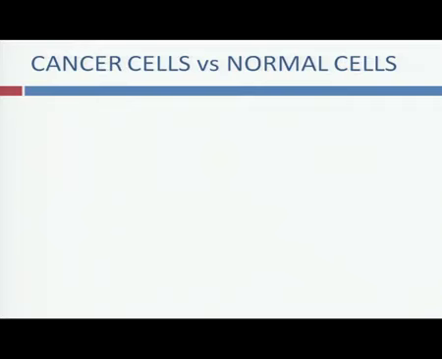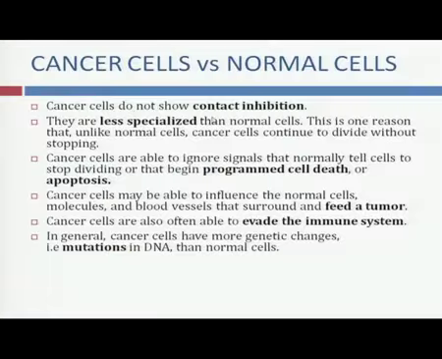Let us try to compare the cancer cells with the normal cells, so that we can comprehend in a better way what makes cancer cells what they are, what makes them go haywire and divide uncontrollably. First thing is that they do not show the property of contact inhibition.